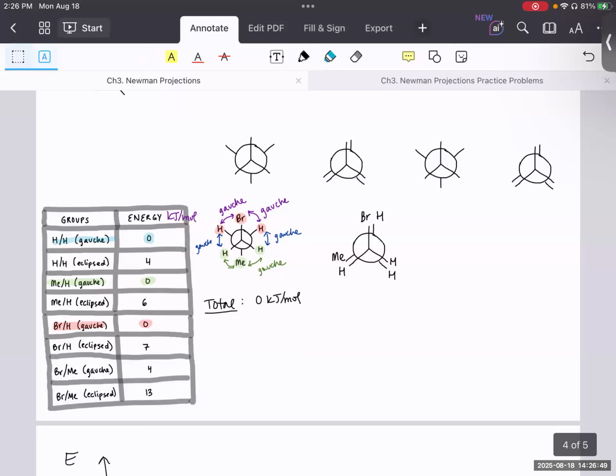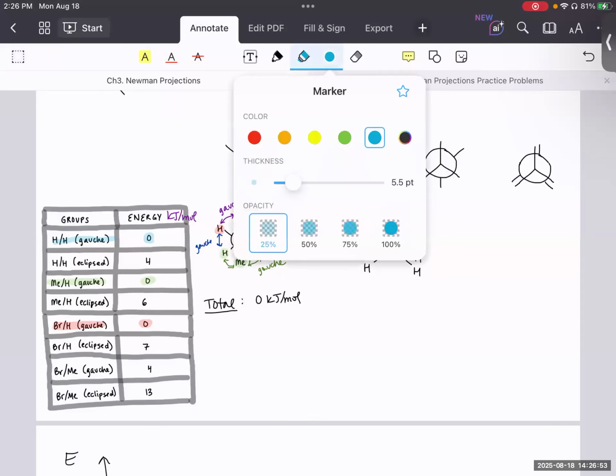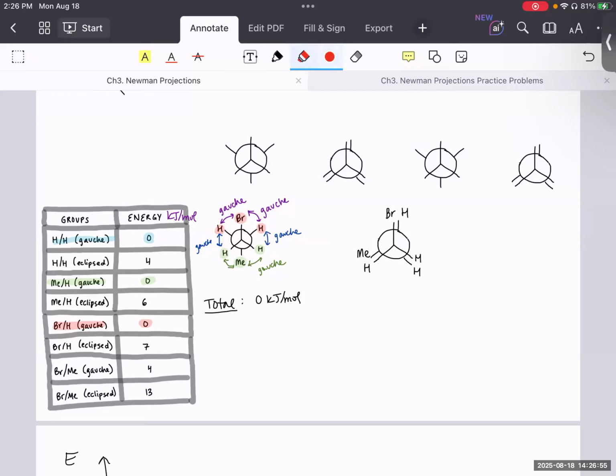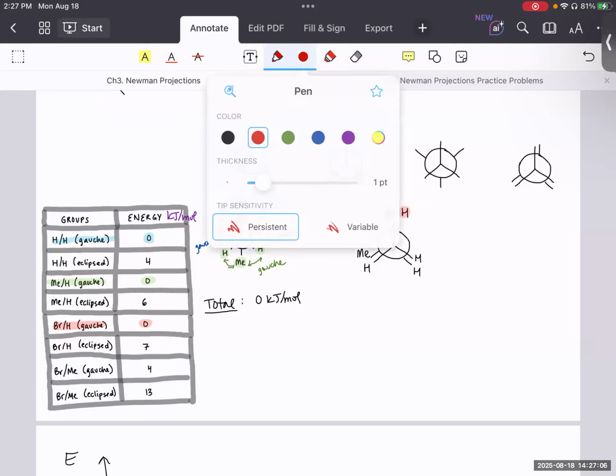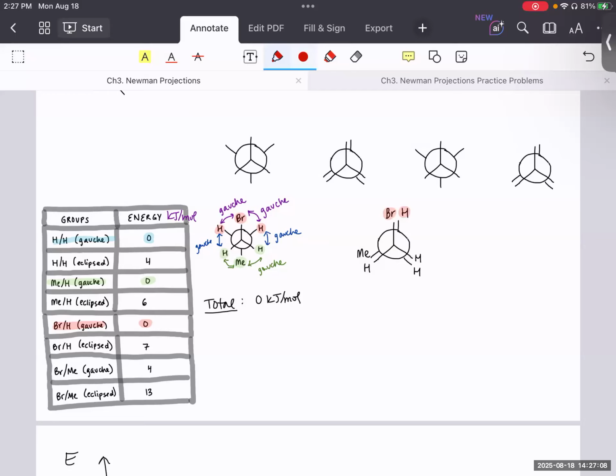And so now we can take this and do the same interactions that we had done in the previous one. But now what we can see is that we don't have any gauche interactions, and we have only eclipsed interactions. And so for this bromine hydrogen eclipsed interaction here, we can go to our table and we can see that the bromine hydrogen eclipse is 7.